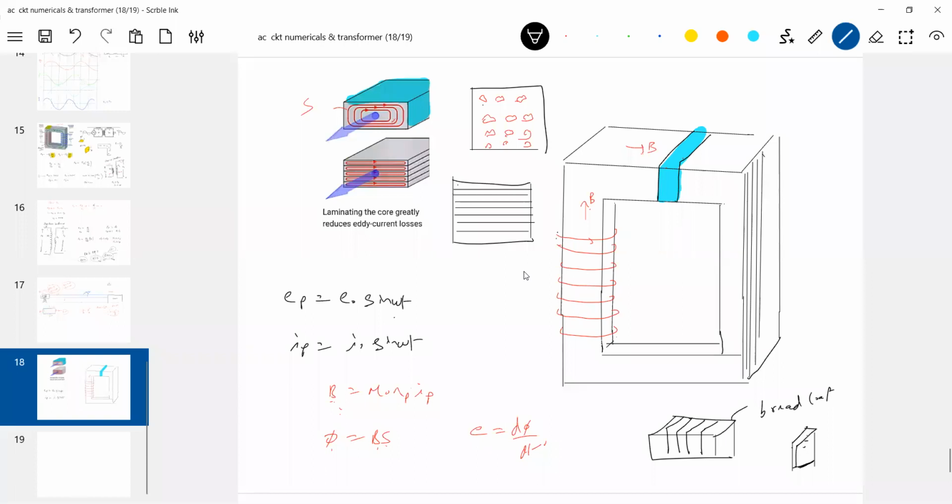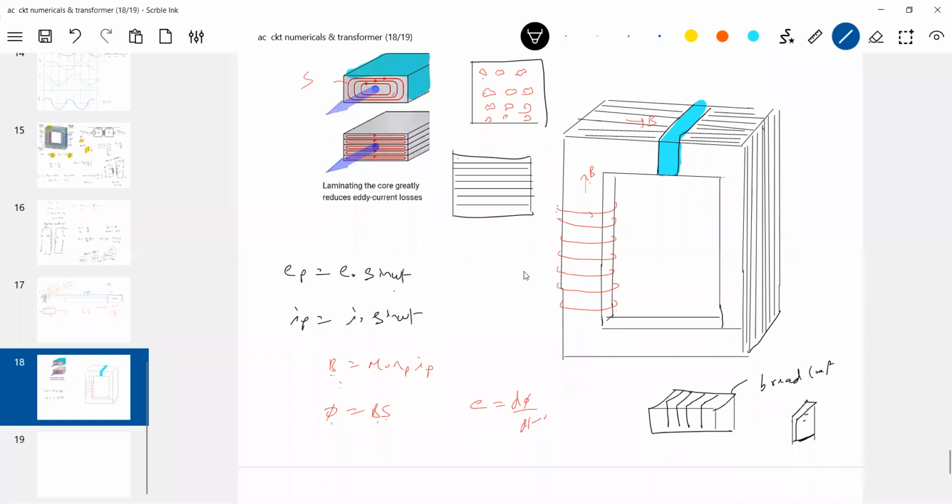And why is the word lamination brought? Lamination, photo lamination. What do you do in that? Like this, the core will be laminated. So what I do is I'll take a thin structure like this, a thin frame.